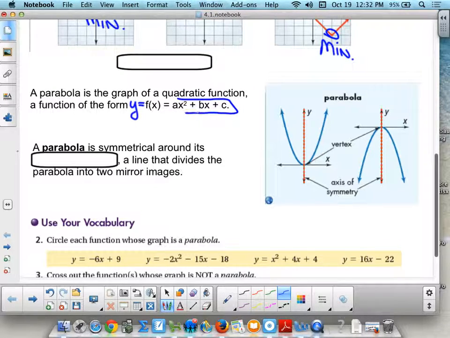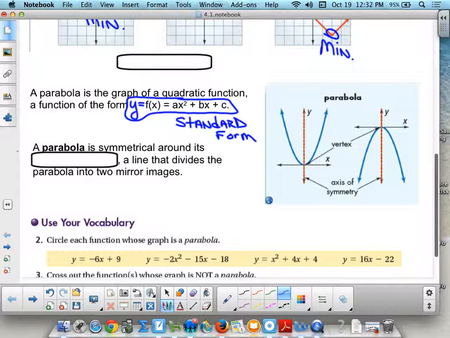This form is also known as standard form. So the standard form of a quadratic function is ax squared plus bx plus c.